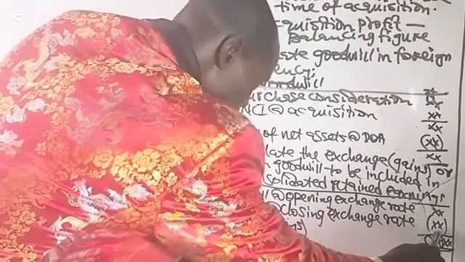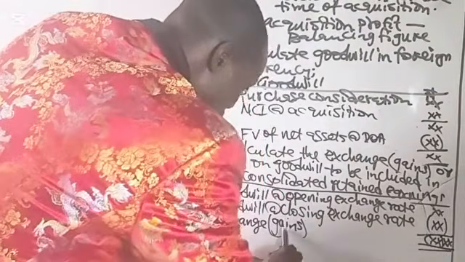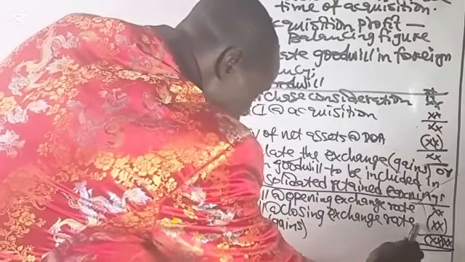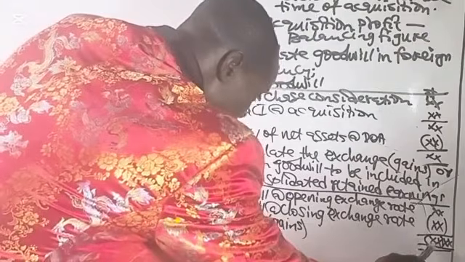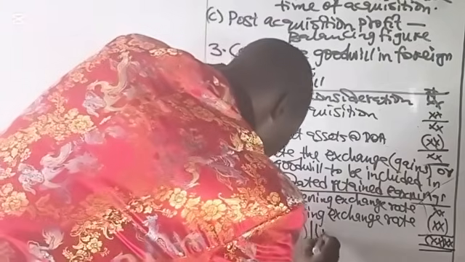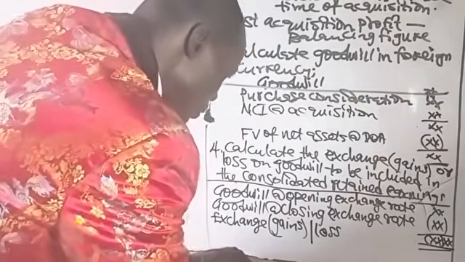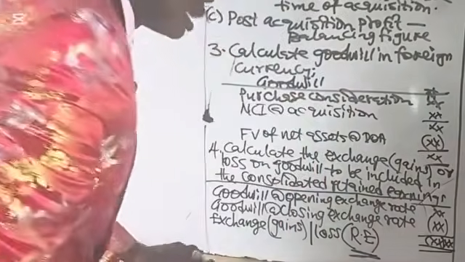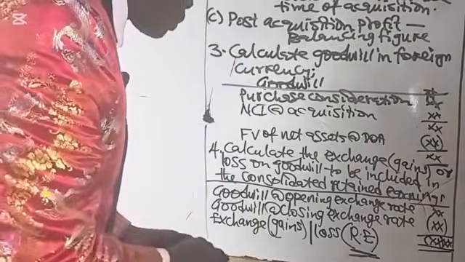That is, if the closing one is more than the opening, then you have a gain. Let's assume this is 30,000 and this is 40,000. You have minus 10,000. That 10,000 is a gain. Or loss. Exchange gains or loss: if it is positive, it is a loss. So this exchange gains or loss will be included in the consolidated retained earnings. You add it to the consolidated retained earnings. That is step number 4.